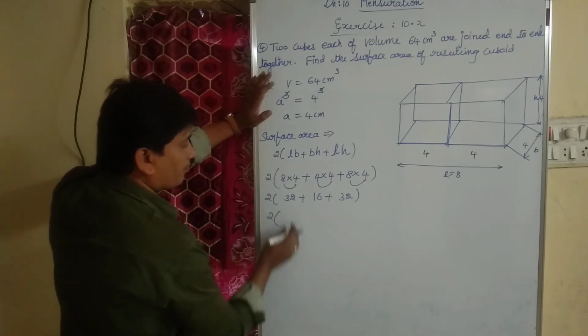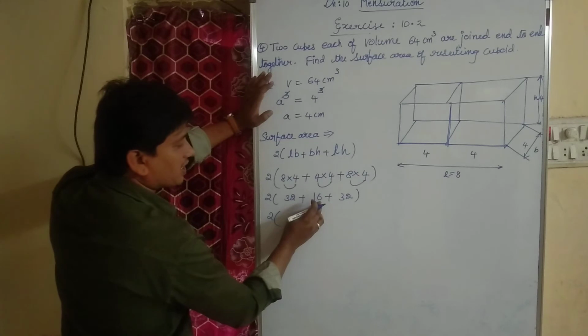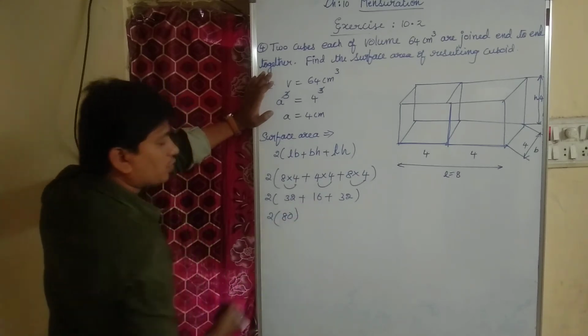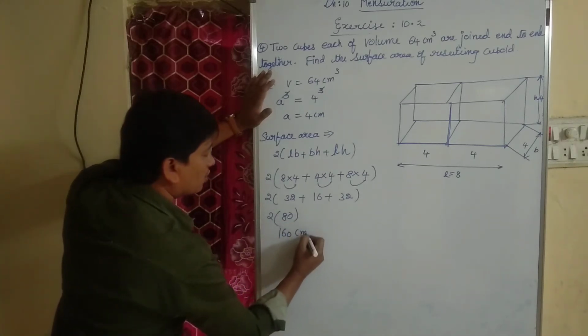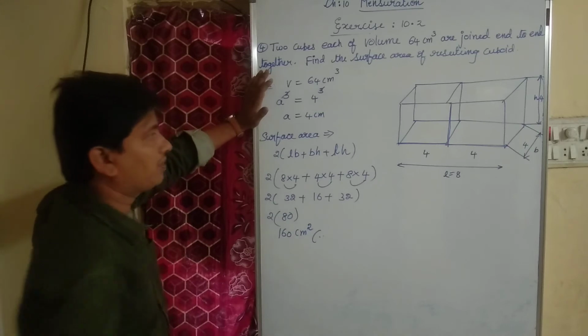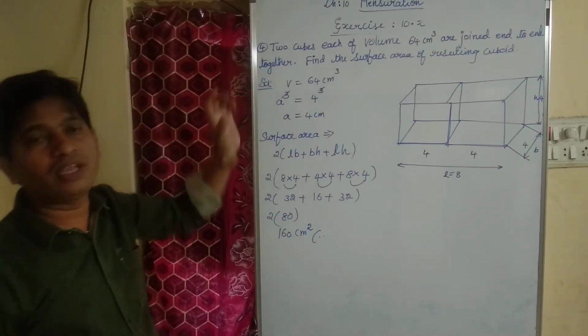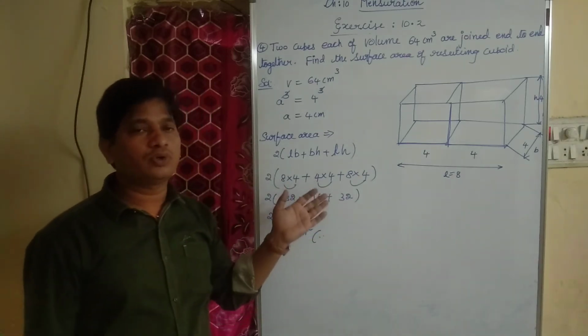So 2 into 32 plus 16 plus 32, which is 80. So 2 into 80 is 160 square centimeter. Okay children, this is our fourth problem. When we join two cubes, you will get a cuboid. That you have to remember.